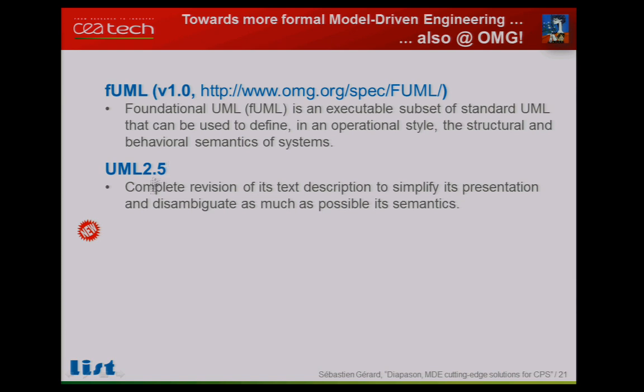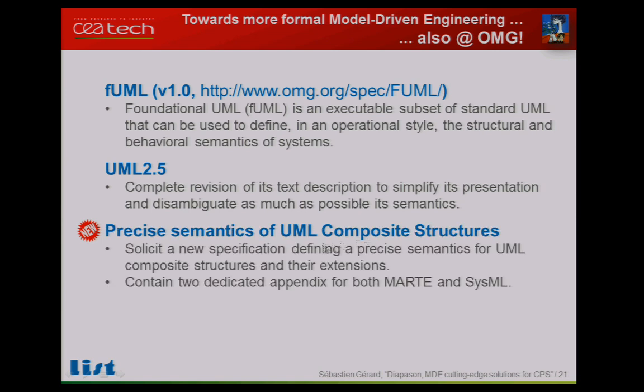There was also work to provide a new version of UML, which is not really formalized, but which has been very well redesigned in order to reduce as much as possible ambiguity in the description. Based on this first work, Foundational UML, it's a kind of iterative work where the other parts of UML, for example the state machine and the interaction, will be formalized on top of this first layer.